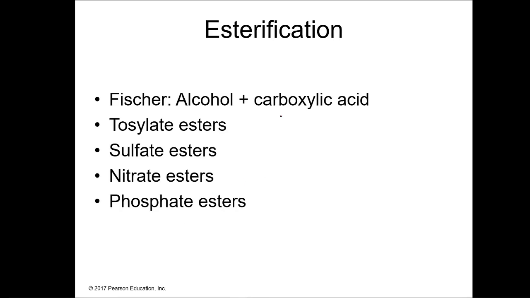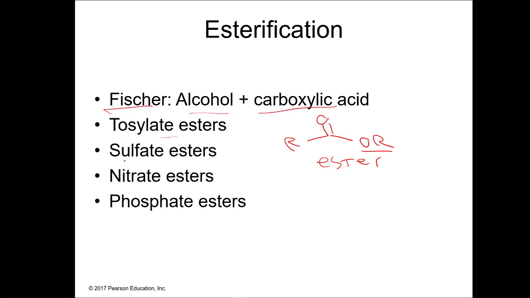So esterification is, remember, an ester is like a carboxylic acid, but instead of having an alcohol, you have an ether. That's an ester. Right, and there are a couple ways you can make them. So you can do a Fischer esterification, which is an alcohol plus a carboxylic acid.